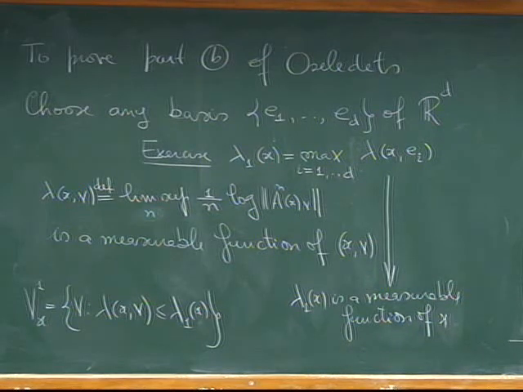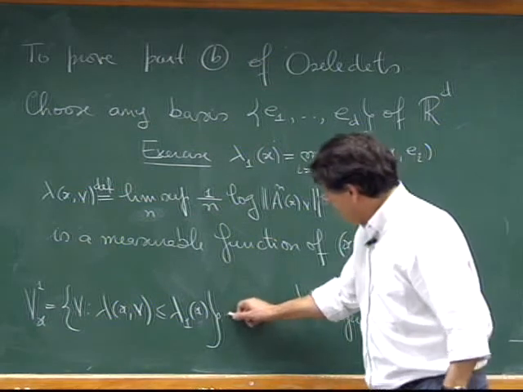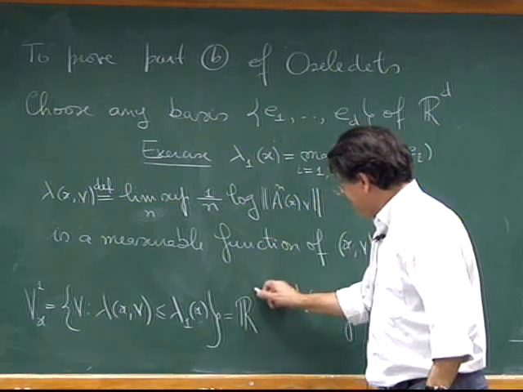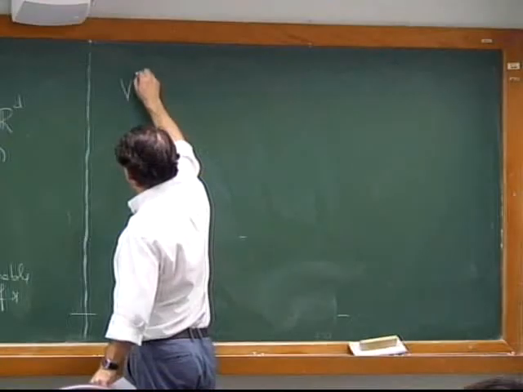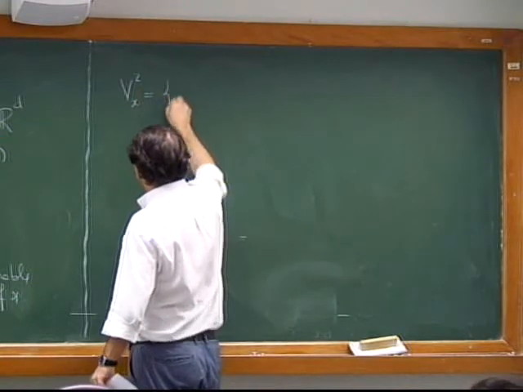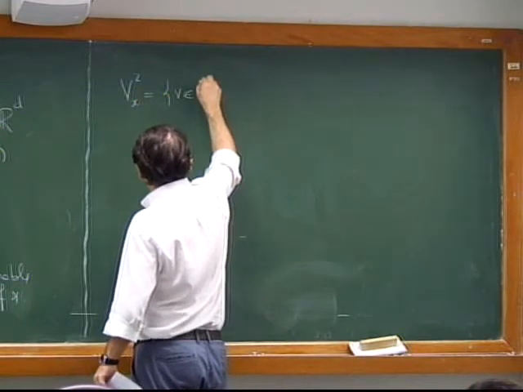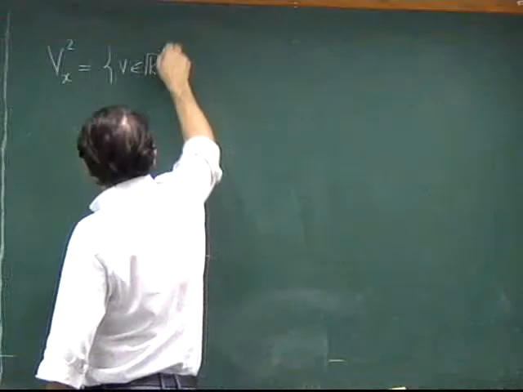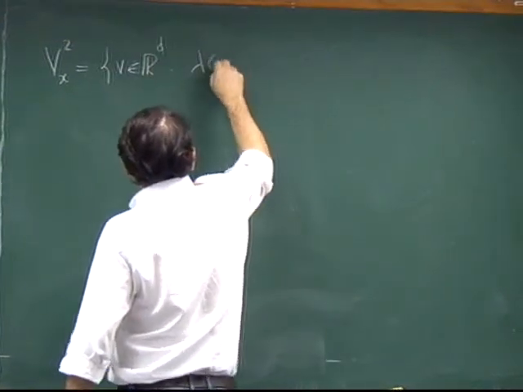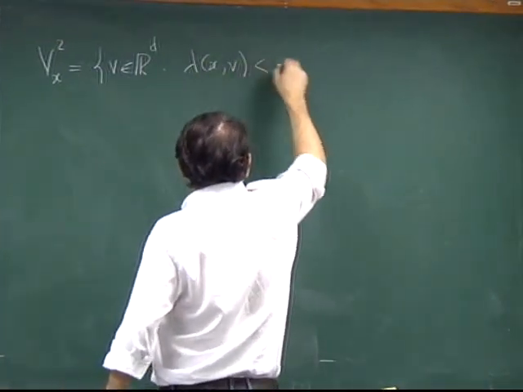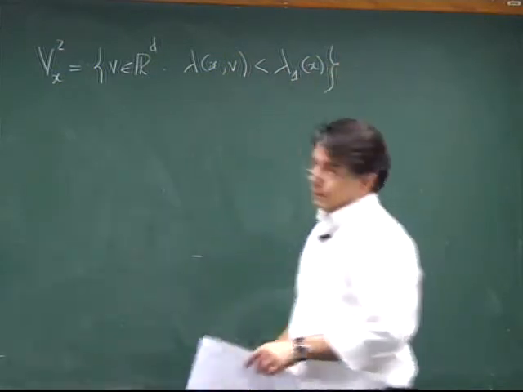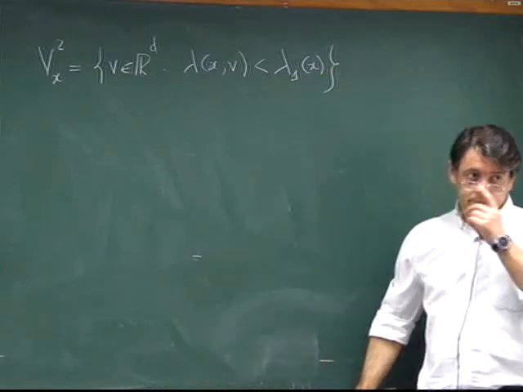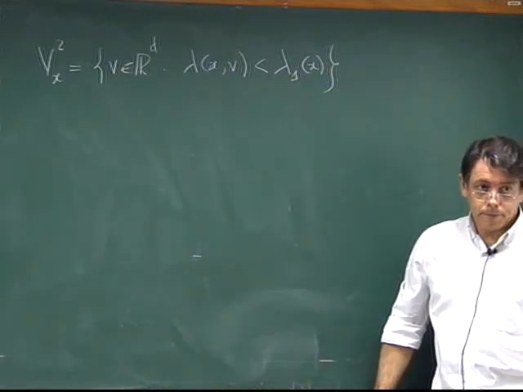Well, this is not very interesting because this is R^d. What is interesting is that V2(x) is a set of vectors such that lambda(x, v) is smaller than lambda_1(x).